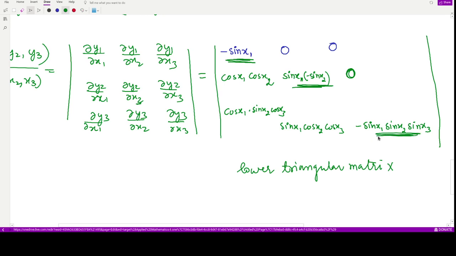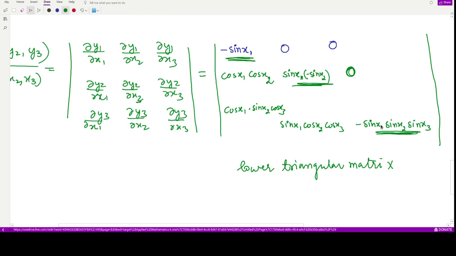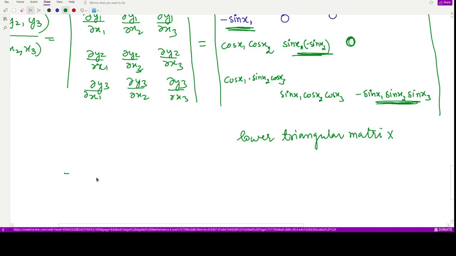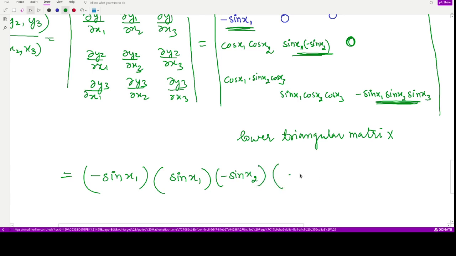So that means we can write this to be equivalent to minus sine x1 multiplied by sine x1 into minus sine x2, and then multiplied by minus sine x1 sine x2 sine x3. So this is the first diagonal term, this is the second diagonal term, and this is the third diagonal term.